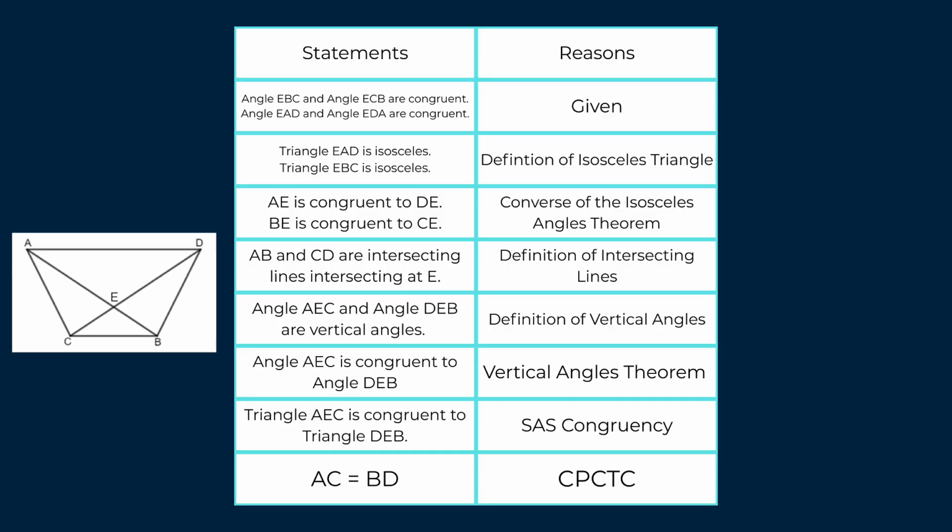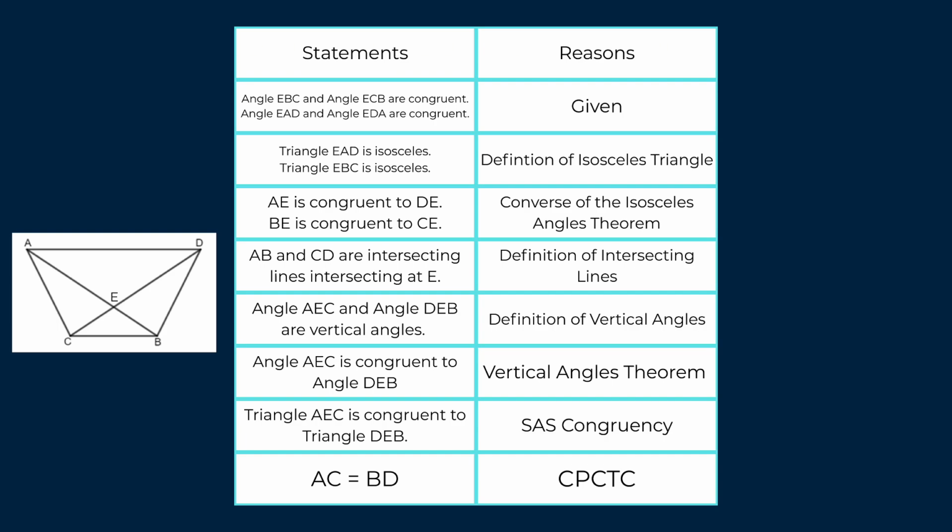And same with D, E, and B. Now, if we can prove these two triangles congruent and correspond AC to BD, then by corresponding parts of congruent triangles are congruent, we can prove that AC is congruent to BD. So, how would we do that? Well, we have two sides, but if you only have two sides, you need to either prove the third side congruent and solve it using SSS congruency, or you can also prove the included angle congruent to each other.